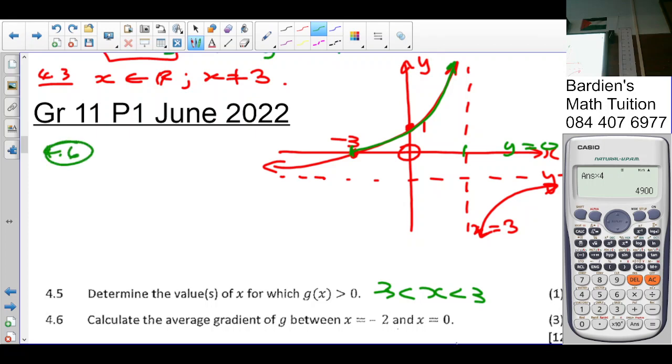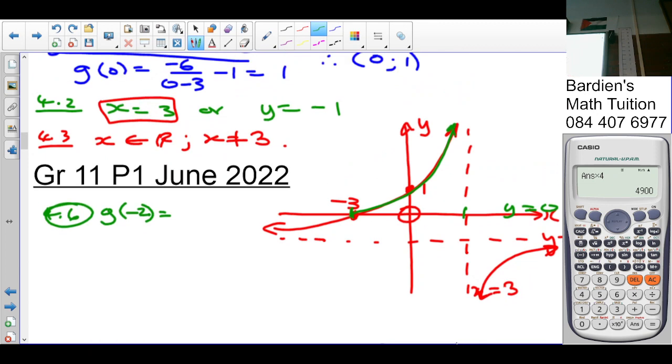The last, 4.6, is calculate the average gradient. So we know what g of negative 2 is. Work that out, just get the equation from there. So I'm going to get negative 6 over negative 2 minus 3, minus 1. So that's going to give you 1 over 5. Just check if that's correct.